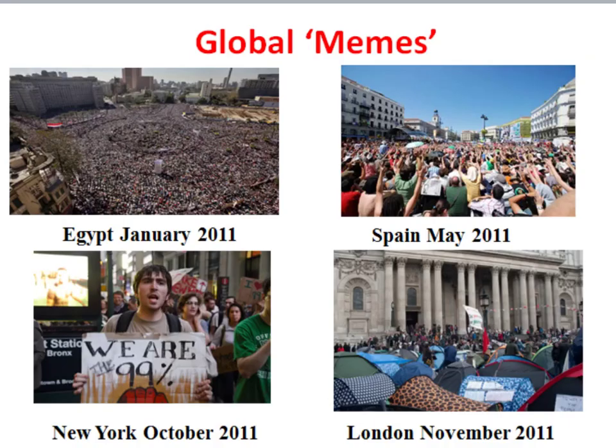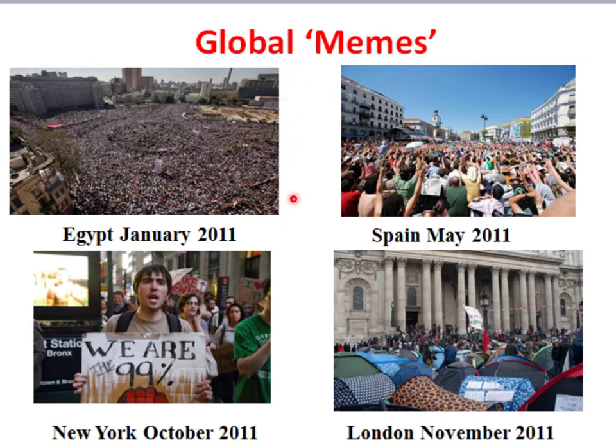And recent political protests have created what we call global memes. So a meme is an idea, behaviour or style that spreads from person to person within a culture. And examples of memes that have spread via the global media include things like the Occupy movement that was inspired by the occupation of Tahrir Square during the Arab Spring.